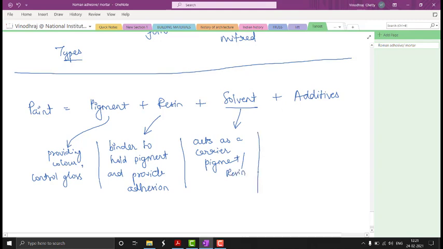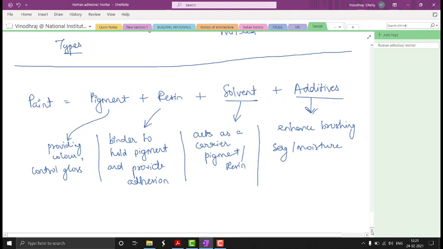And the last, additives. These additives are basically to enhance the brushing experience and to reduce the defects in a paint, right? It should be resistant to sag and moisture. All those things are obtained from the use of additives. So paint is a combination of pigment, resin, solvent and additives. Okay.